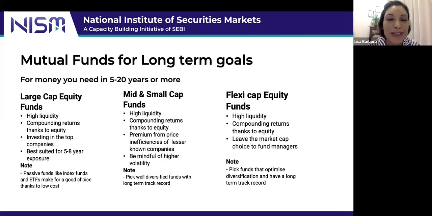Mutual funds for your long term goals. Now, clearly, this is equity, which addresses your 8 to 10 year plus goals. In an 8 year period, we found that across time periods on a rolling return basis, equities is able to deliver positive return. And in a 10 plus year period, 75% of the time, equities are beating inflation.